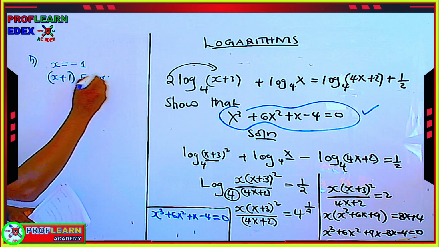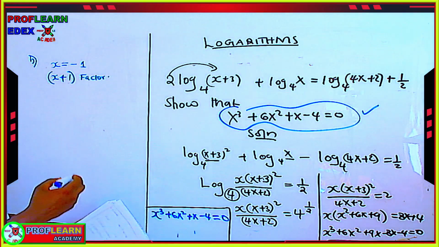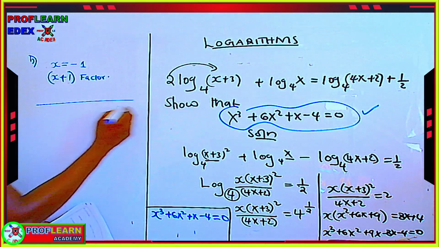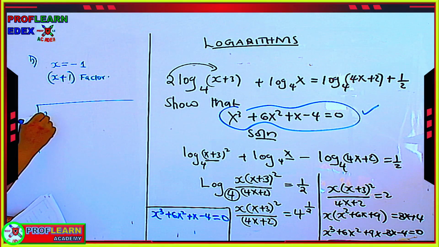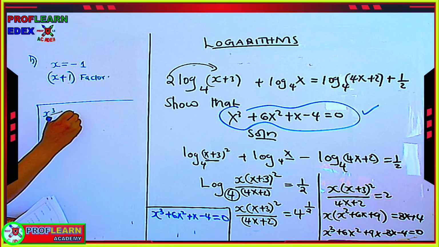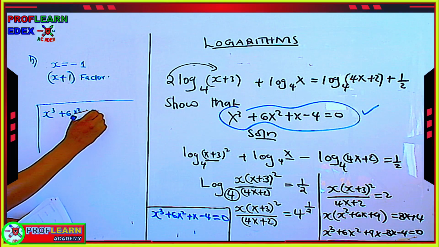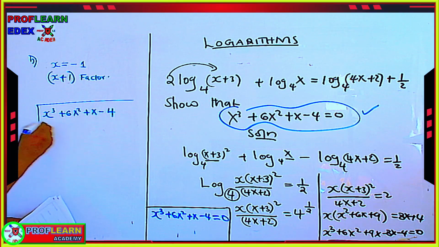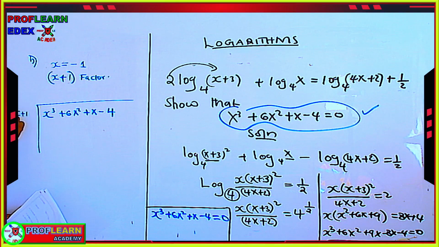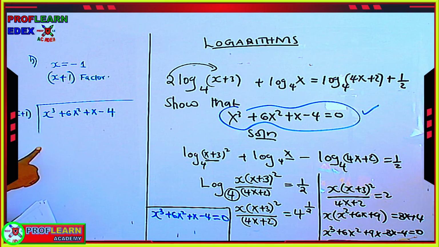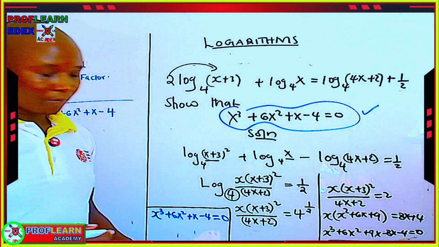If it's a factor, it means that if we take the equation we have here, x cubed plus 6x squared plus x minus 4, and divide by x plus 1, we are going to get a quadratic, which is also a factor.